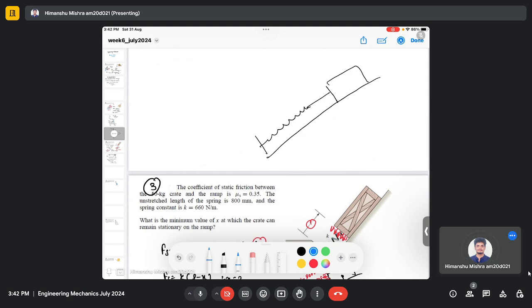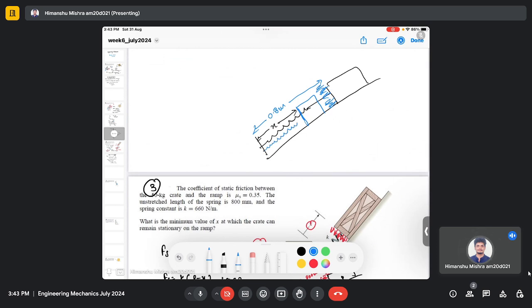It has an unstretched length of 0.8 meters. Now due to gravity, this block starts sliding down along the plane and it will reach a new position here. Let's say this is your new position and here it is stopped, and here the new length of the compressed spring is X.